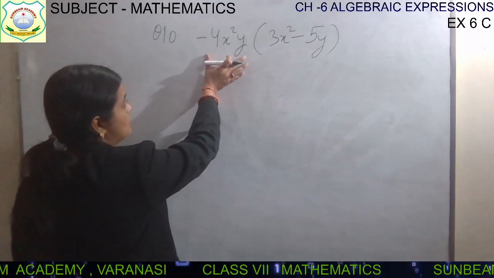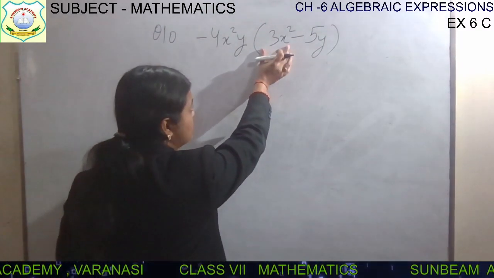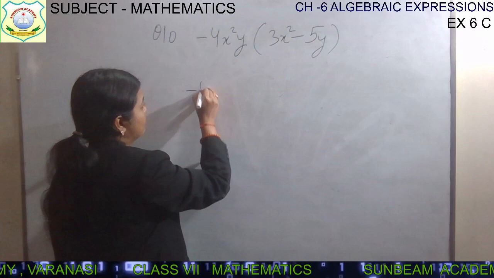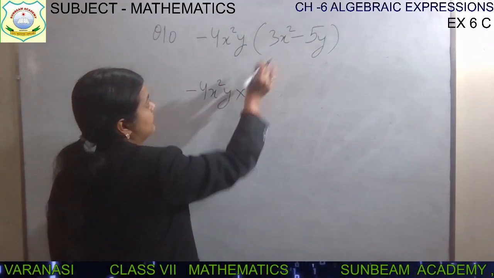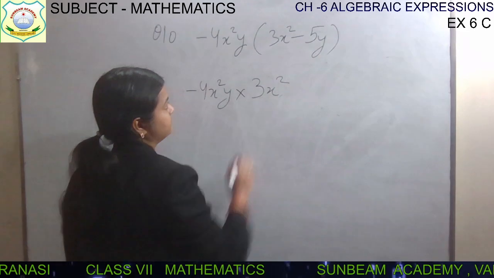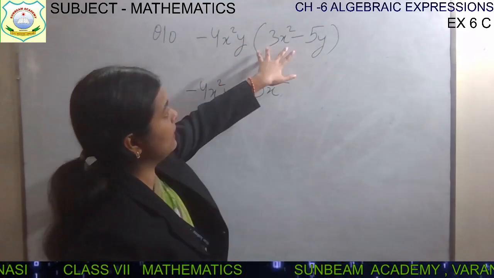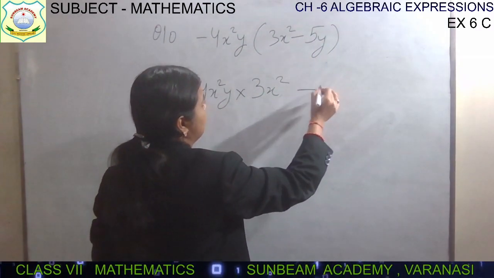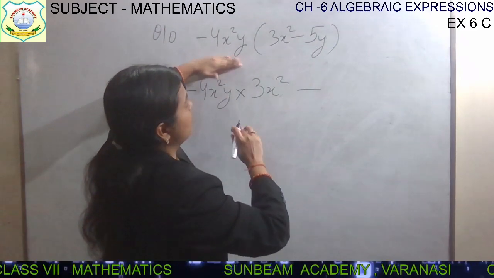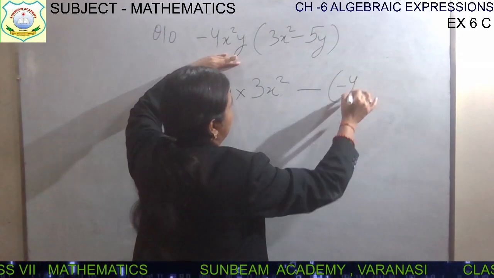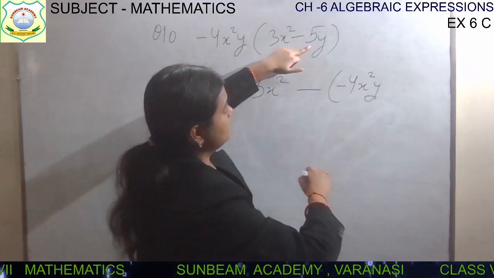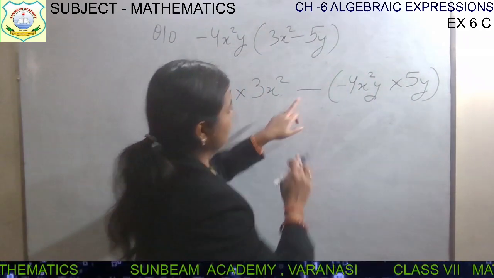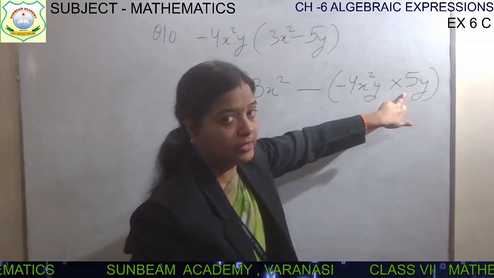Now, this monomial will multiply with the first term, and then again this monomial will be multiplied with the second term. So minus 4x square y will multiply with 3x square. Then write down this sign, children, minus, and now again minus 4x square y will multiply with 5y, because this minus sign we have shifted here, so we will take 5y.